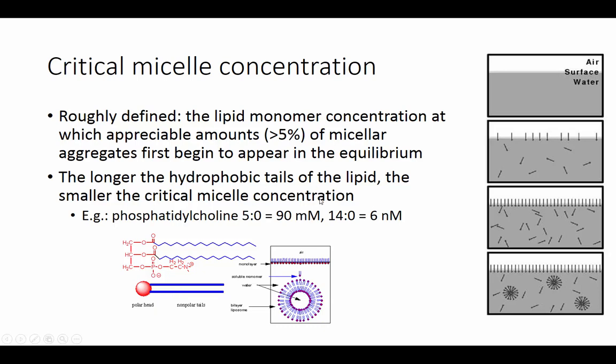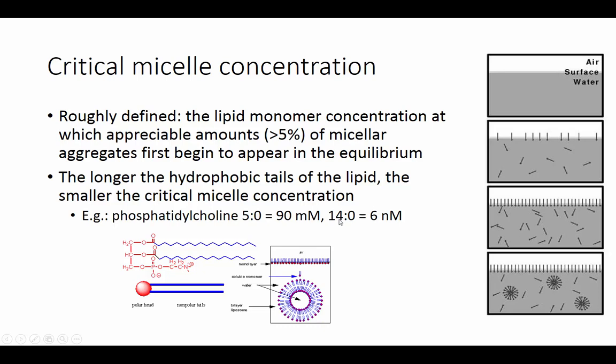And the longer the hydrophobic tails of the lipid, the smaller the critical micelle concentration will be. Presumably that has to do with the ability and the amount needed to successfully interact and geometrically make a micelle. So for example, if we look at phosphatidylcholine, if we have hydrophobic chains that are only 5 carbons long, you need about 90 millimolar phosphatidylcholine 5O to make a micelle.